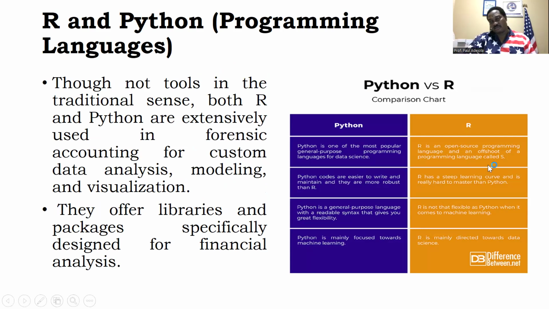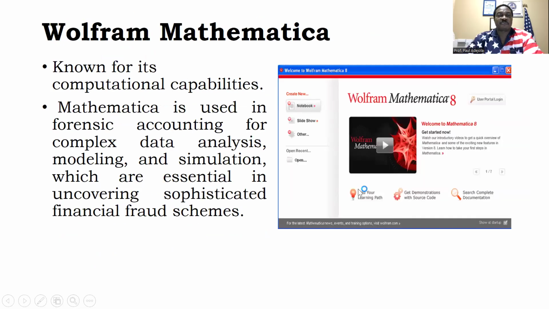If you look at the picture here, you will see the basic difference between Python and R. Python is one of the most popular general purpose programming languages for data science. R is an open source programming language and an offshoot of a programming language called S, and so on. They offer libraries and packages specifically designed for financial analysis.